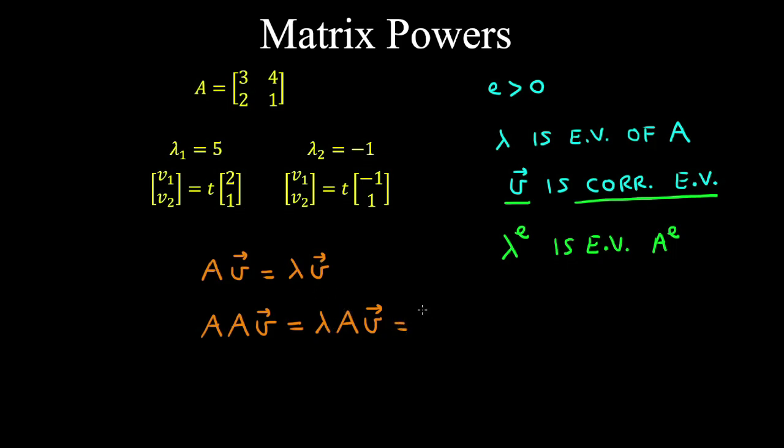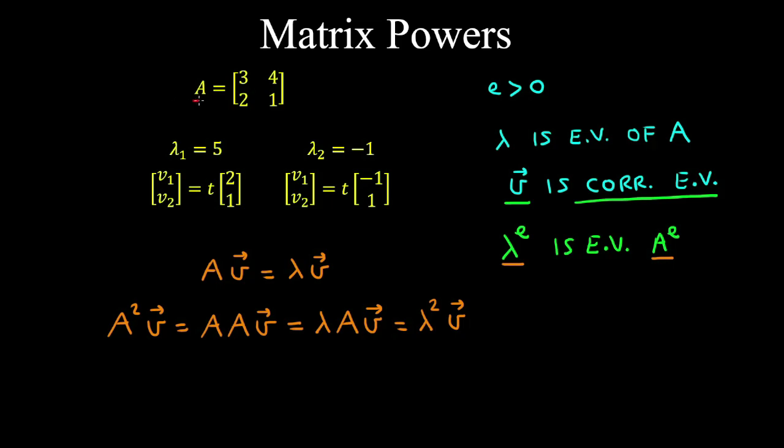So on the right hand side, we get lambda squared times v. And on the left hand side, we can write AA as A squared. And if you continue this process, we get lambda to the power of e on the right hand side, and A to the e on the left hand side.